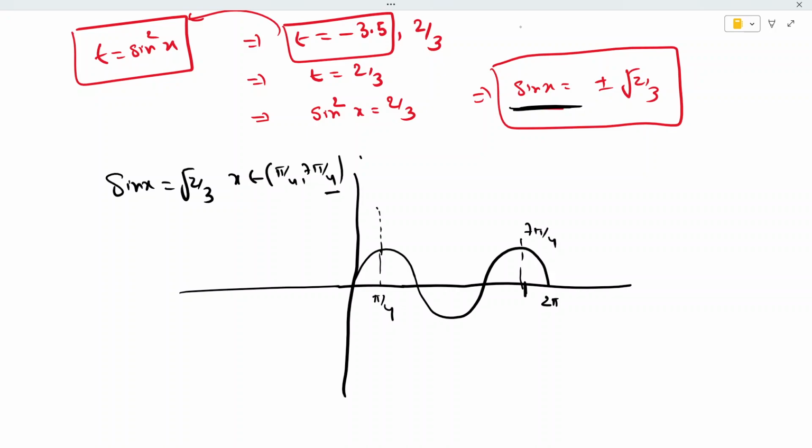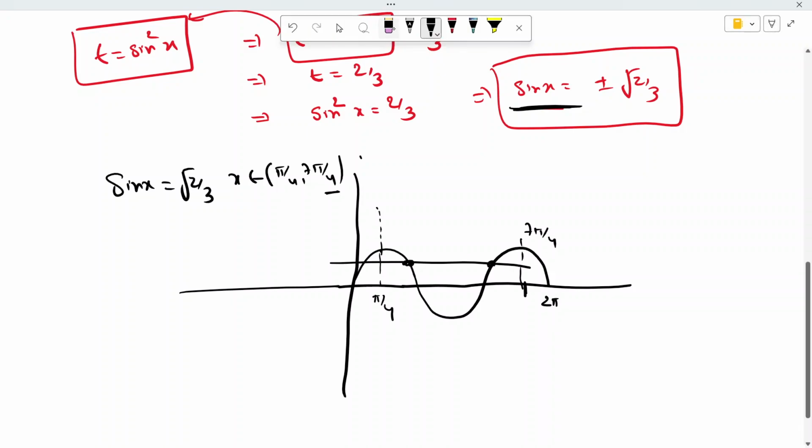Now you are given sin x is equal to root 2 by 3, which is something less than 1. So when you cut, it will cut at two points. Here we get the value of sin x equal to plus minus root 2 by 3.